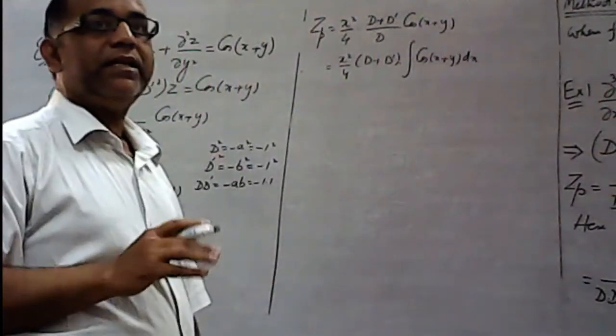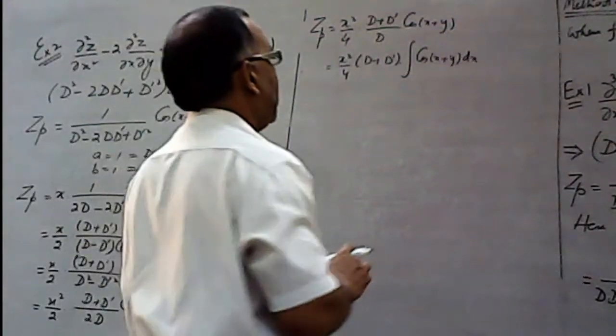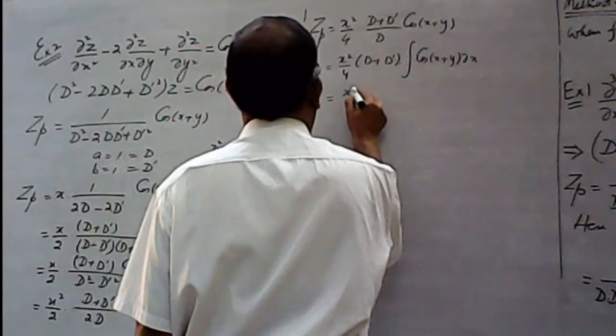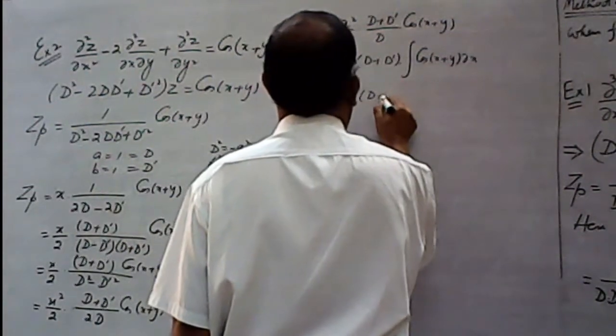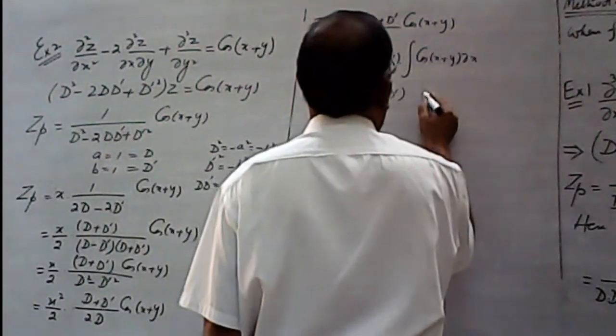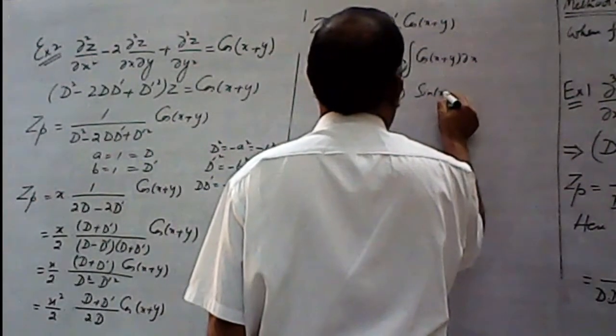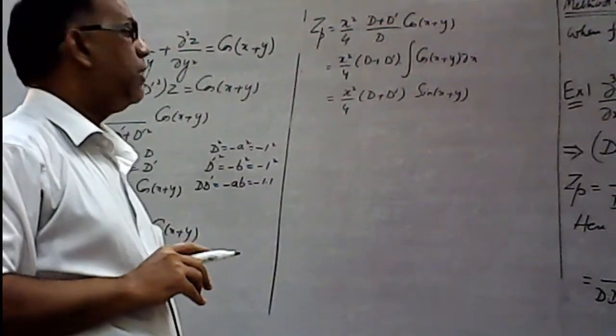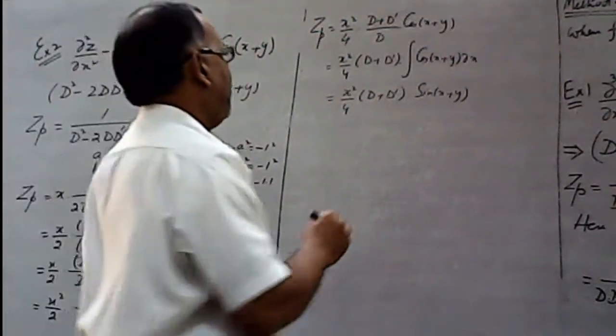Means integrate this thing with respect to x, partial derivative. So it means x square by 4 D plus D dash, and it is sine x plus y. The derivative of cos is sine.